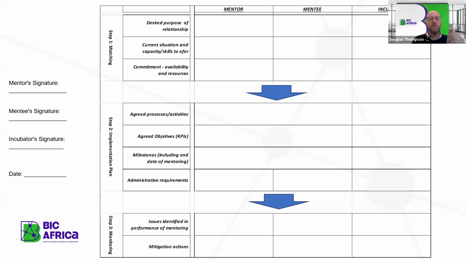This is set up at the beginning of a relationship, but then is used as a living document as the mentoring relationship goes ahead. So we think it might be quite an interesting way, and this is highlighted in the guide. We think both these ideas of forms and what we're calling a mentoring canvas could be quite an interesting way to manage repeated individual mentoring programs and mentoring relationships from the point of view of the mentor, the mentee, and the incubator.